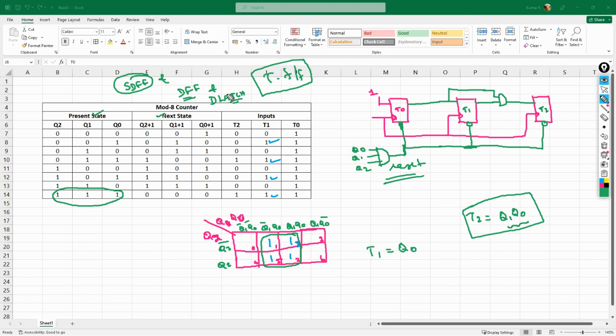Is there any question on the counters? Yes, sir. Hi, is a counter a macro or standard?